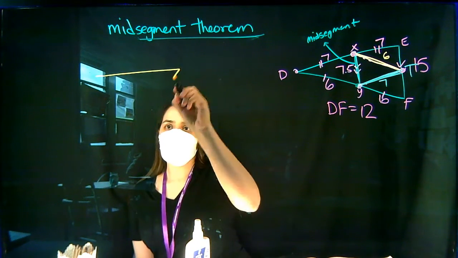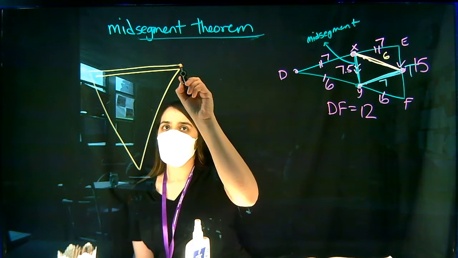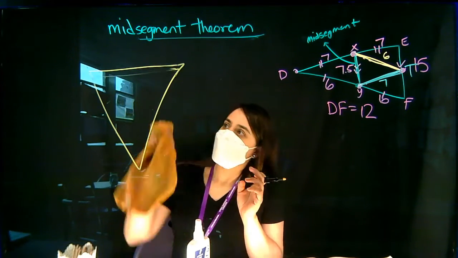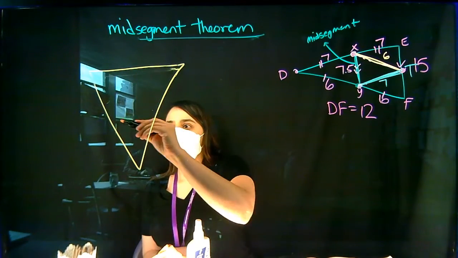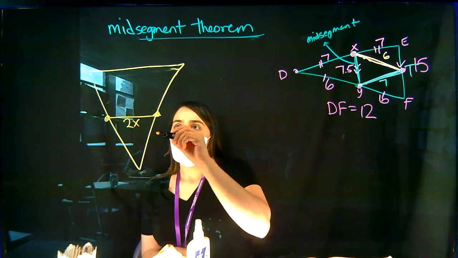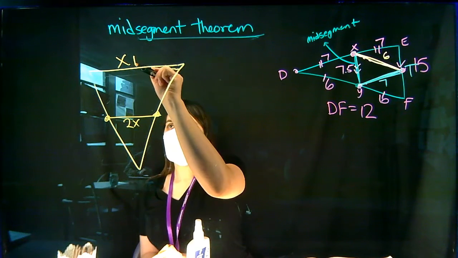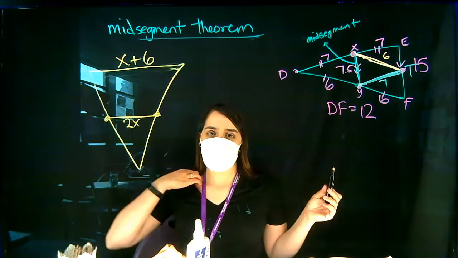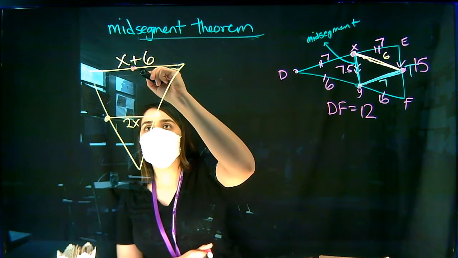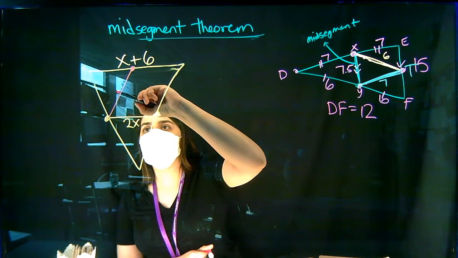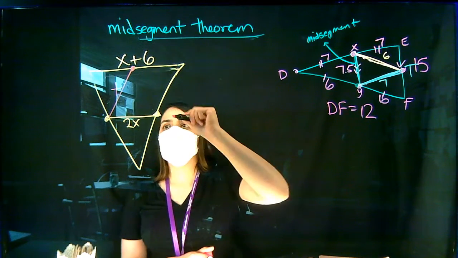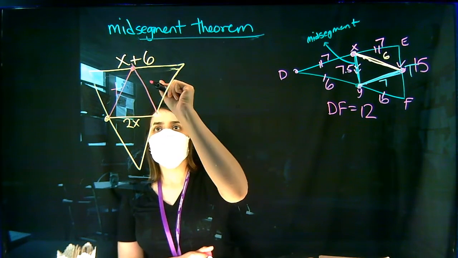Let's say we have a triangle that's like this. I'm trying to draw a nicer triangle. And we're told that the mid-segment is 2x, and that the base is x plus 6. So let's say you have those midpoints, and then you have this side that is x, and this one is 3x.